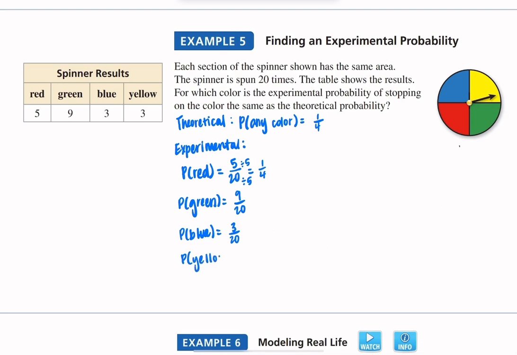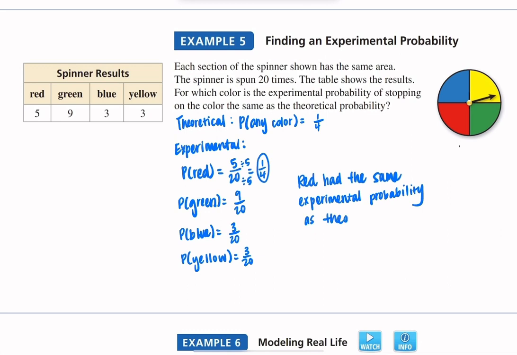And then yellow, we landed on 3 times out of 20. So the only one that actually matched the theoretical probability is this red here. So red had the same experimental probability as theoretical. The rest were all different.